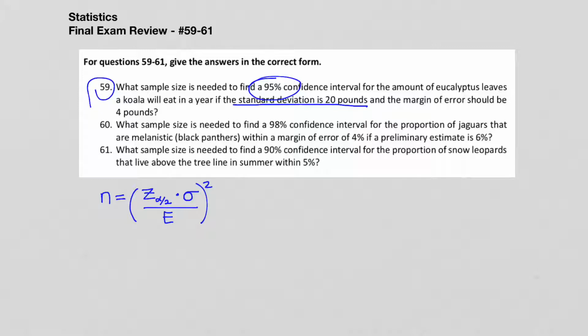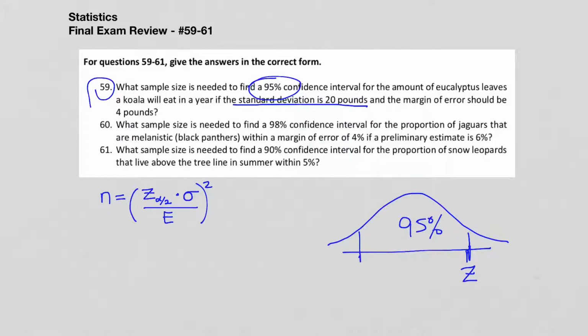In order to determine z sub alpha over 2, off to the side I'm going to sketch my normal distribution. I've got 95% of the values between these two z values. And so we're looking for this z value, the z value that cuts off the right tail.